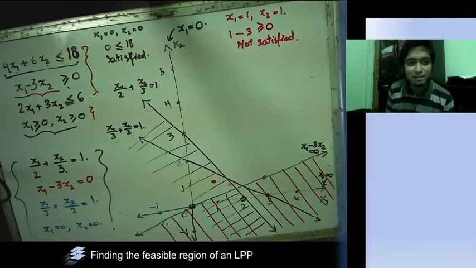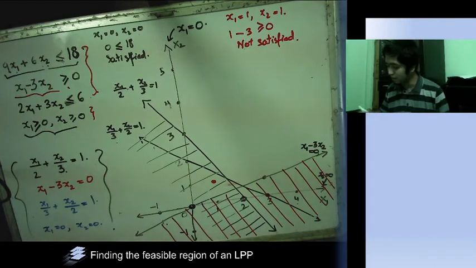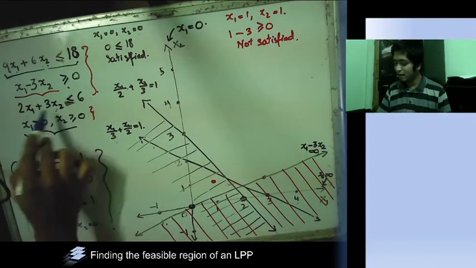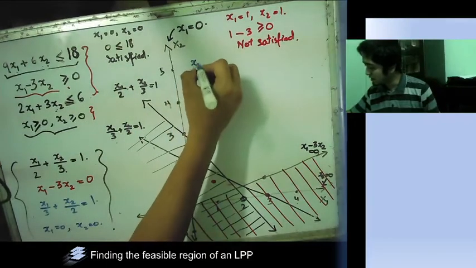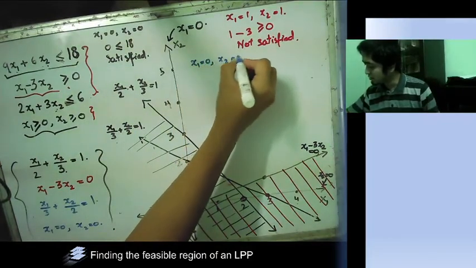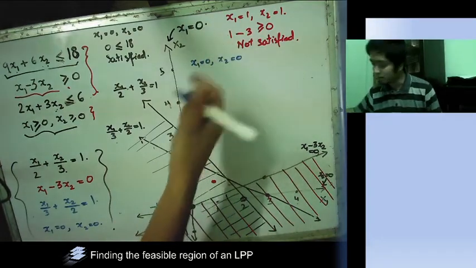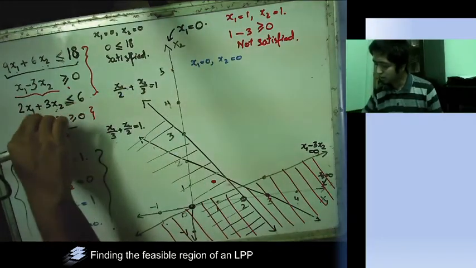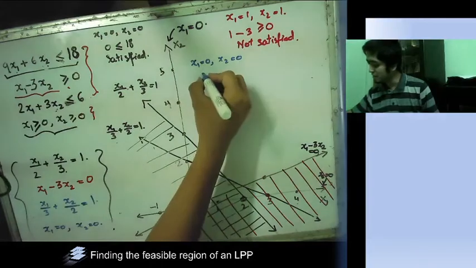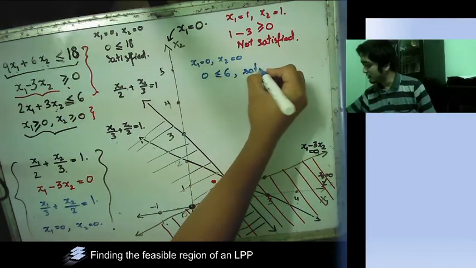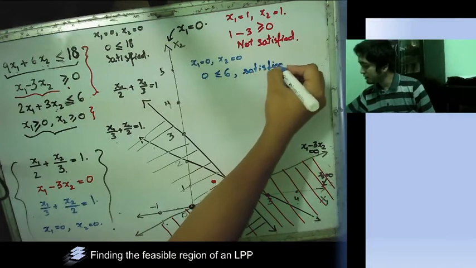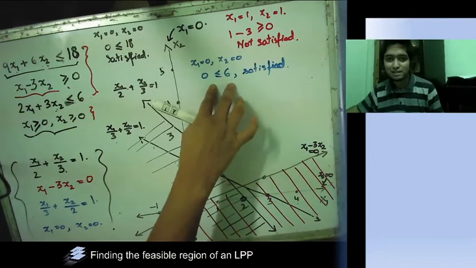Now let us take a look at the third inequality, which is this one. Again, the right hand side is not equal to 0, so let us put x1 equal to 0 and x2 equal to 0. You don't actually write this one, but I'm just showing it. If you substitute it over here, you will get 0 less than or equal to 6, which is satisfied, because indeed 0 is less than 6.